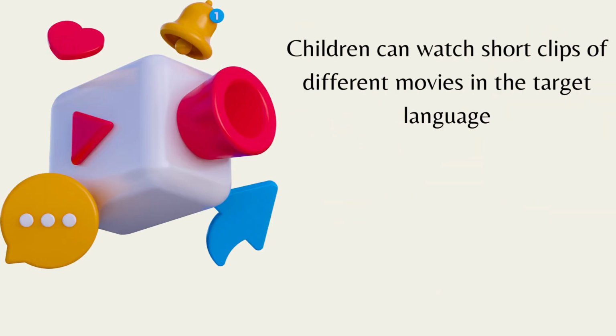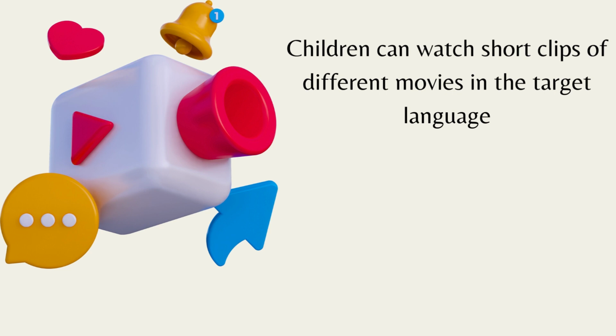The next way of capturing the learner's attention during a grammar lesson or during a language lesson is by incorporating short clips of different movies in the target language. For example, you could have a child-friendly movie that the learners can watch for up to 3 to 5 minutes, and they can try to identify different elements.